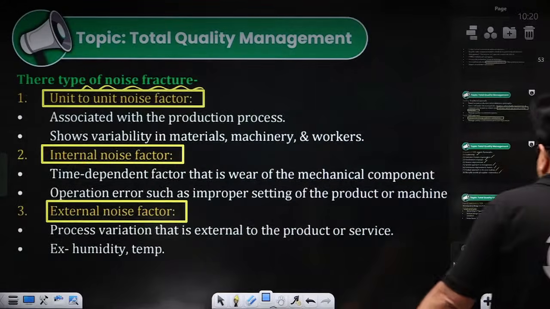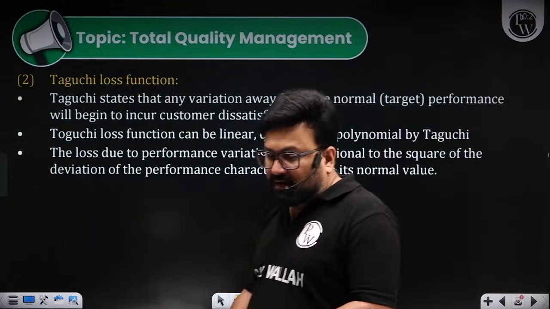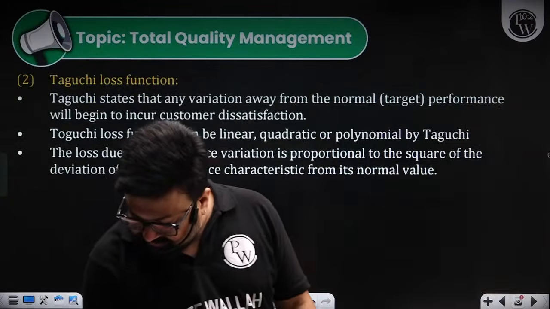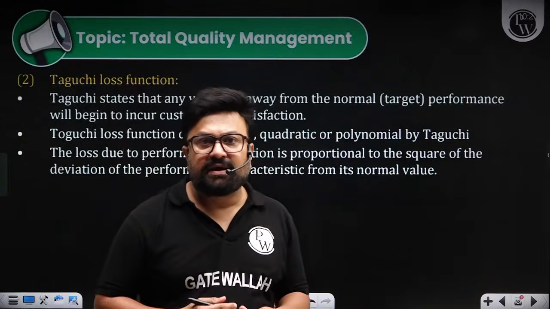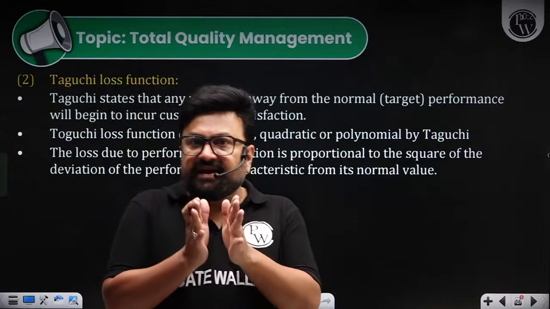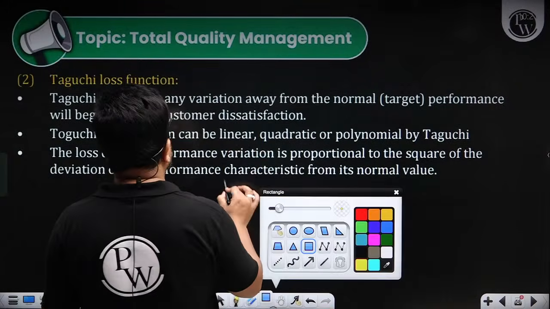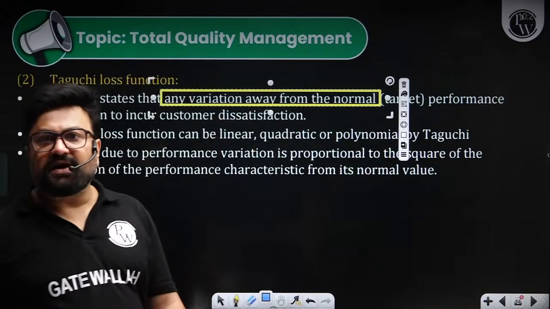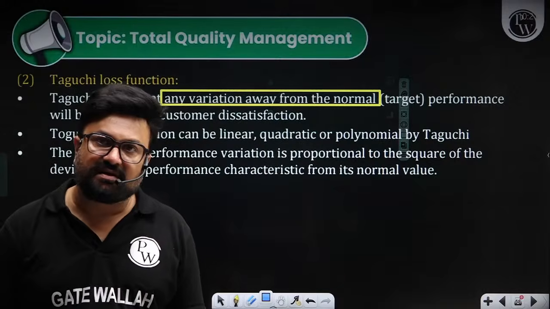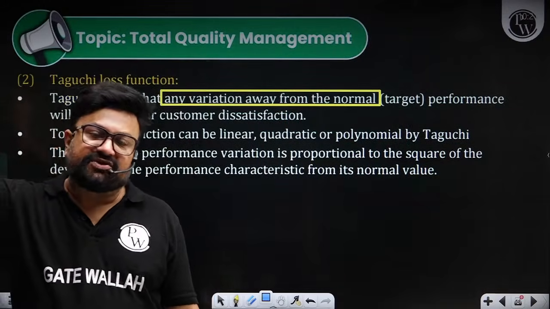Now, the next is Taguchi loss function. So what does Taguchi state? Taguchi states that any variation away from normal, that is target, performance will begin to incur customer dissatisfaction.